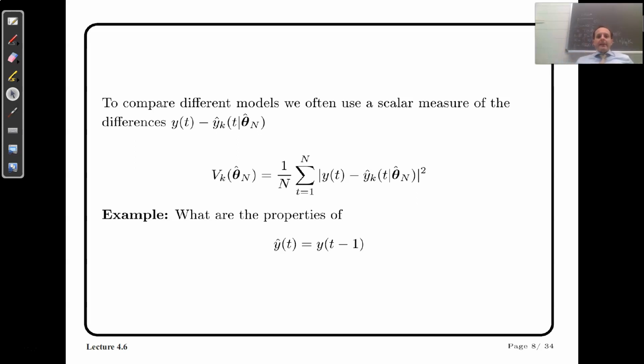And in order to compare different models, once you have obtained different solutions, you can compare this cost function, which represents in fact the mean square error, normalized of course with respect to the number of data.